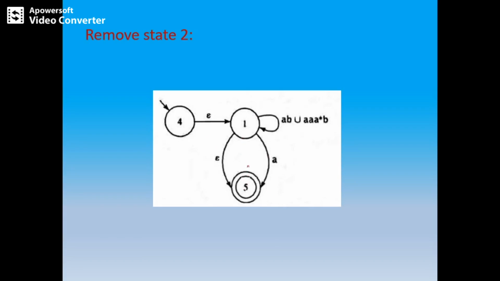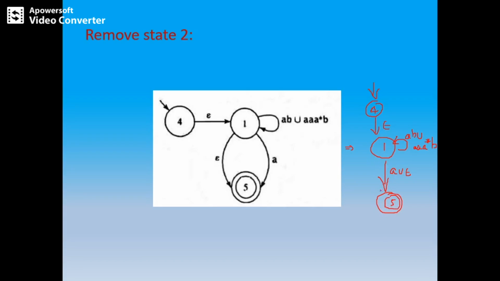Now between 1 and 5 there are two parallel lines, so you can directly write it like this: AB union A star B, and then this portion can be written as A union epsilon. This is how you can write it.